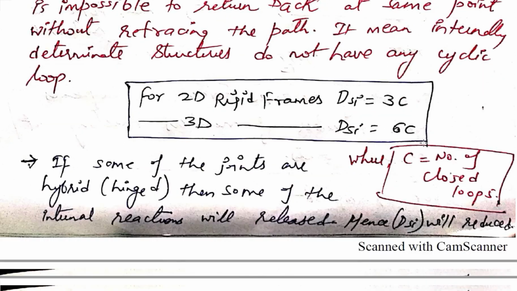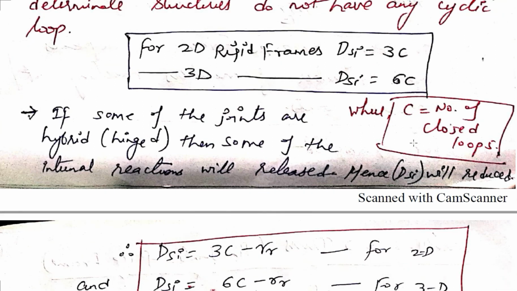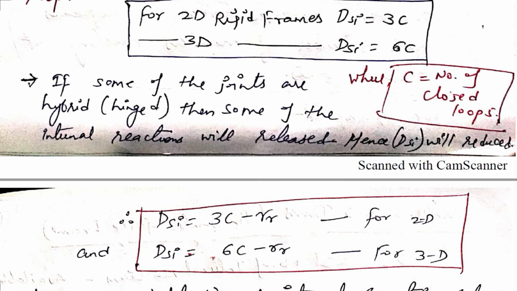In the above analysis, all the joints are considered rigid. So if some of the joints are hybrid, that is hinge joints, then what happens? Then some of the internal reactions will be released, and the DSi value will be reduced.